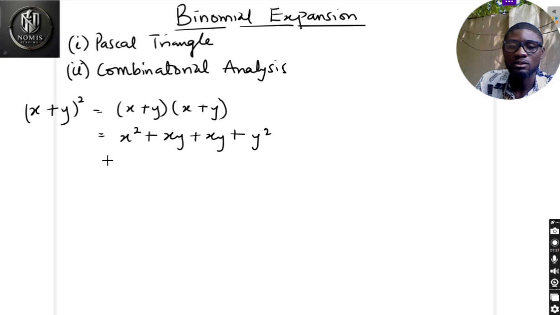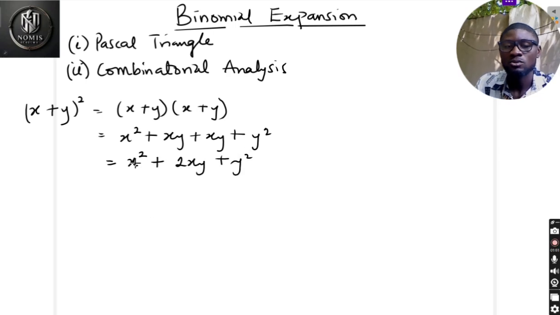So this is x squared, xy plus xy is 2xy, plus y squared. What are the coefficients here? The coefficient here is 1, here is 2, and here is 1. So x plus y raised to the power of 2 has these coefficients.